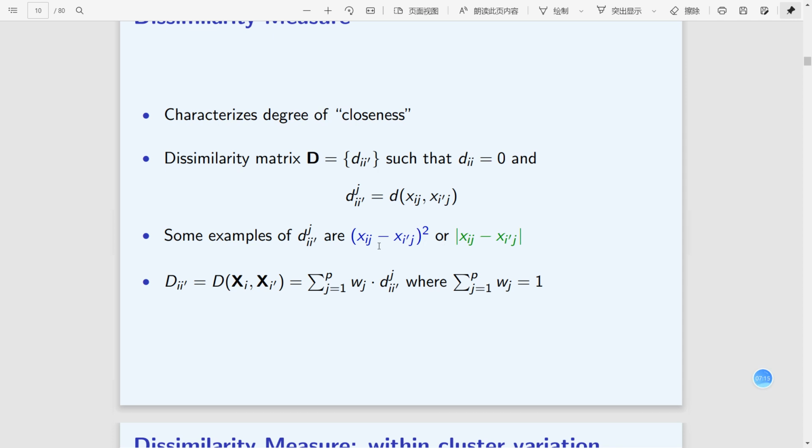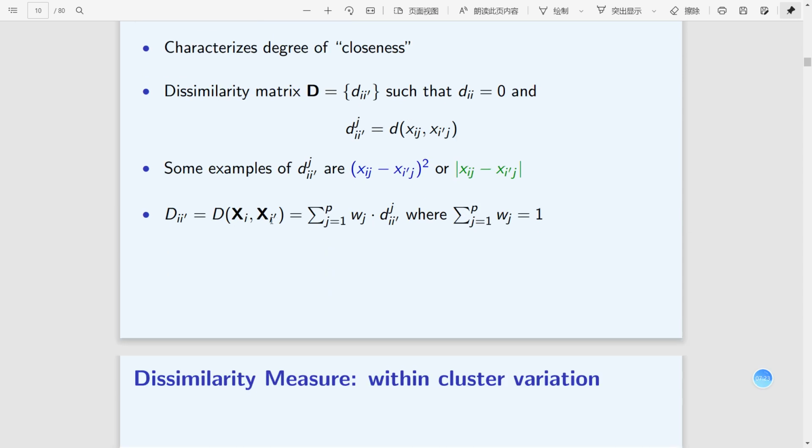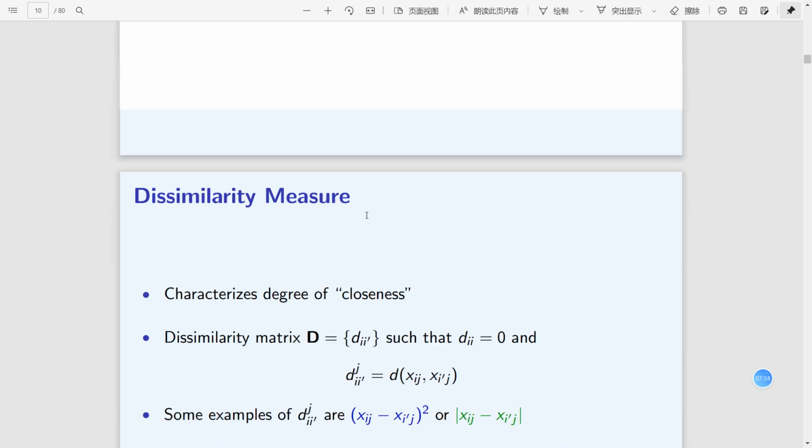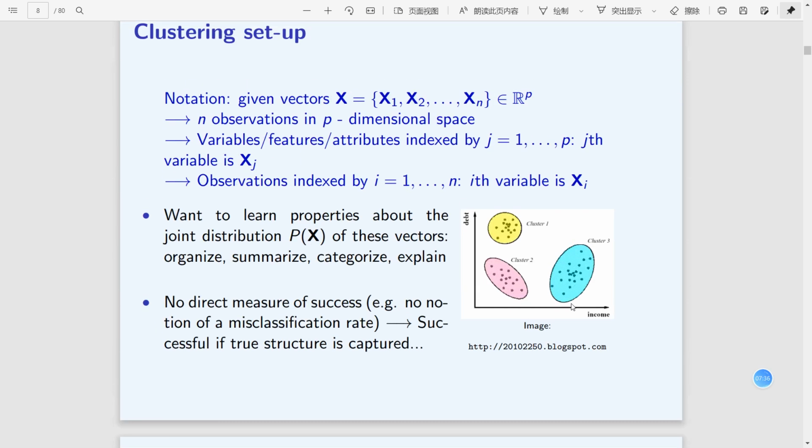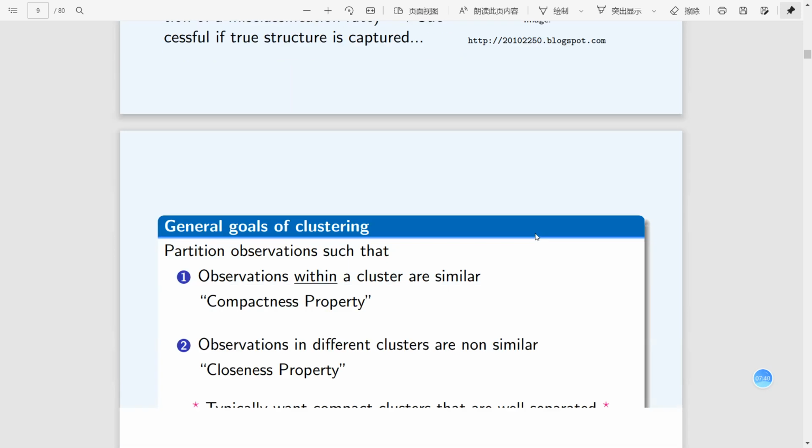So they are both absolute values, with no negative values. This is on one dimension, and then we calculate multiple dimensions. So we multiply by a weight. If we want to focus more on x1, for example, we pay more attention to x1 rather than x2, we calculate the weight on each dimension.